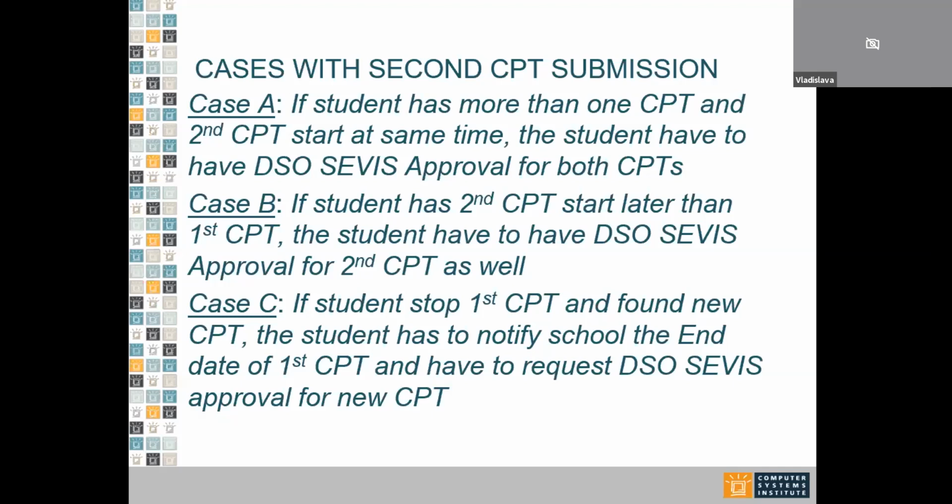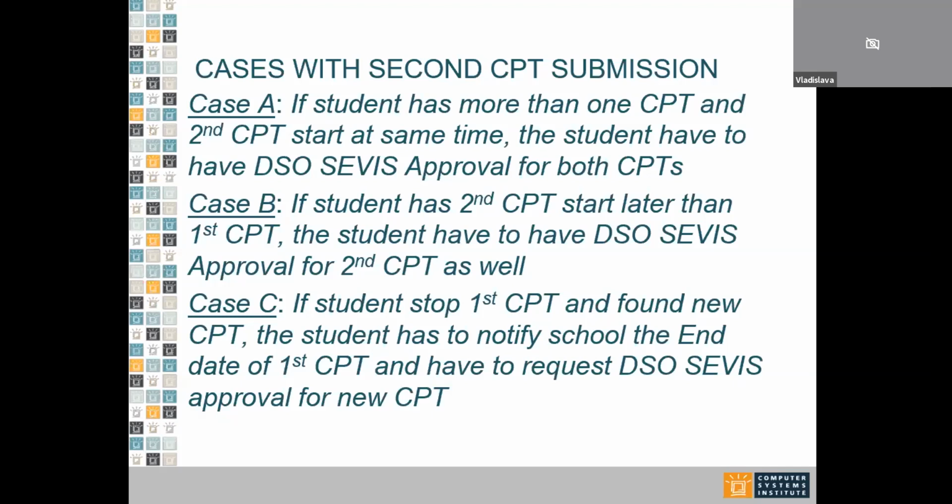Let's see case A. If a student has more than one CPT and the second one starts at the same time as the first one, in this case your first CPT will be authorized, and then the second one you submitted has to be authorized as well. Case B. The student has a second CPT, which starts later than the first CPT.